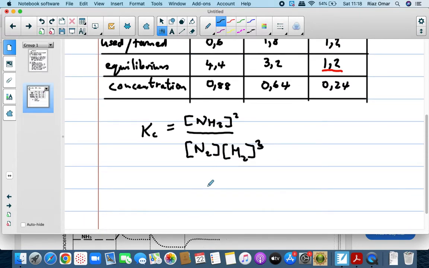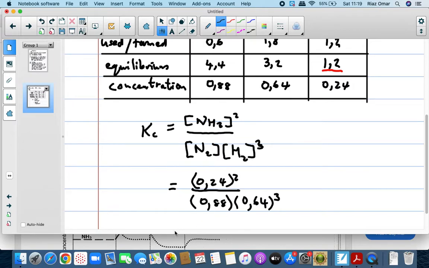Right, now we can work out our Kc value. We know that the concentration of ammonia is 0,24, squared. And then the concentration of nitrogen is 0,88. The concentration of the hydrogen is 0,64 cubed.